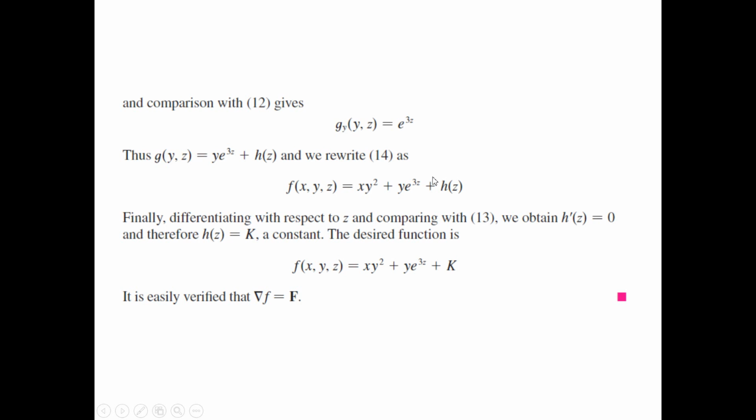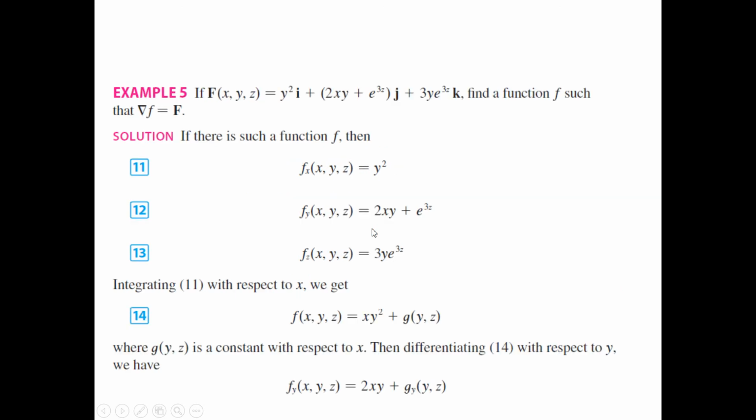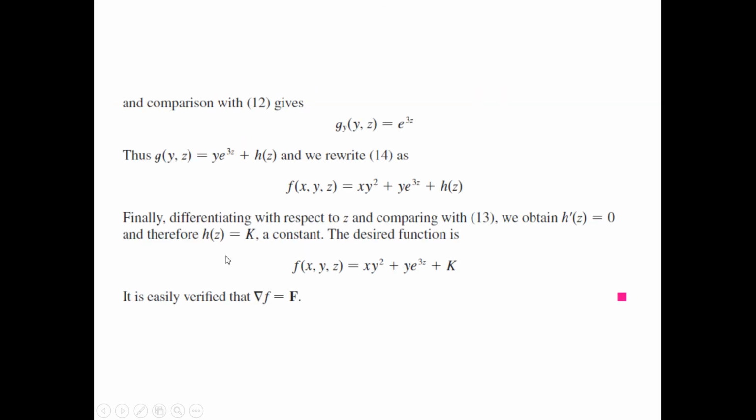In order to find h of z, we will differentiate it with respect to z and compare it with this result, which is the actual partial derivative of f with respect to z. By doing this, we have h of z is equal to a constant. So our potential function will be xy square plus y e to the power 3z plus k, where k is any constant.